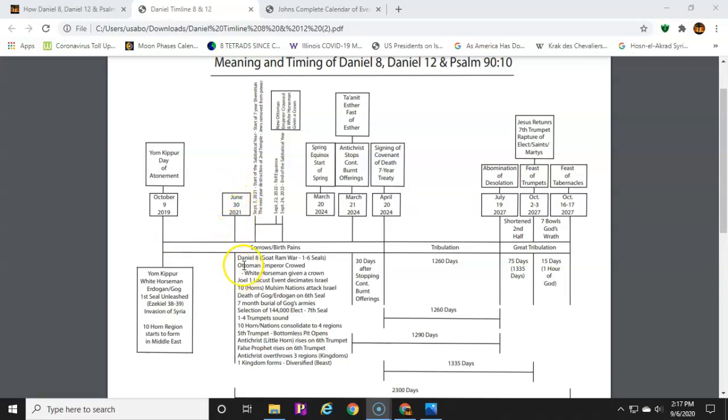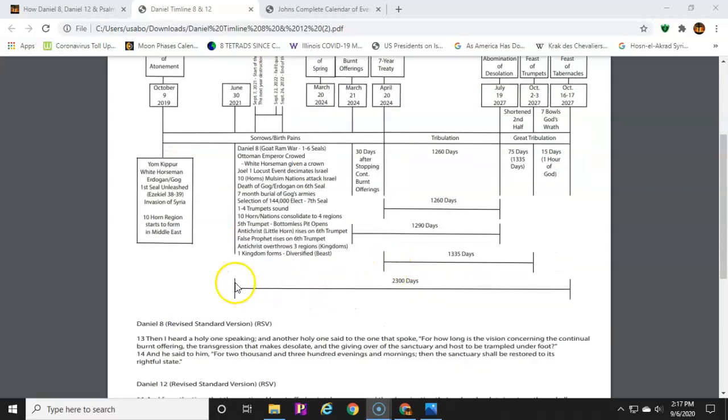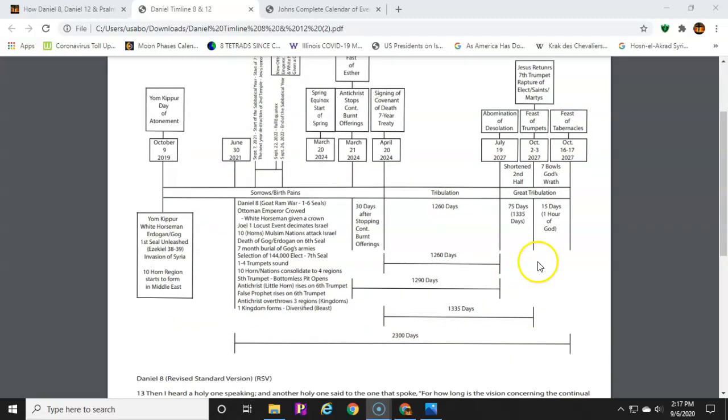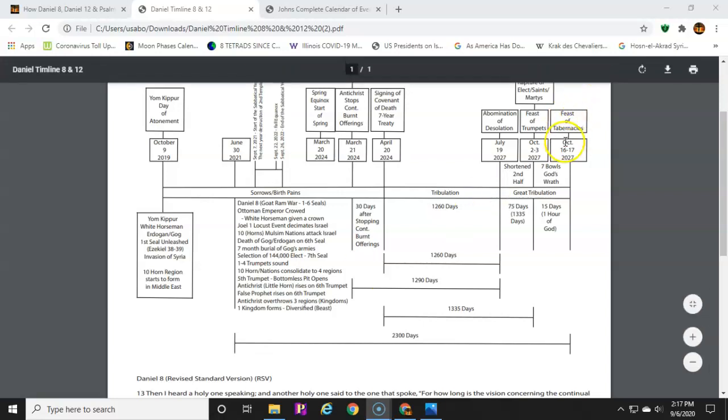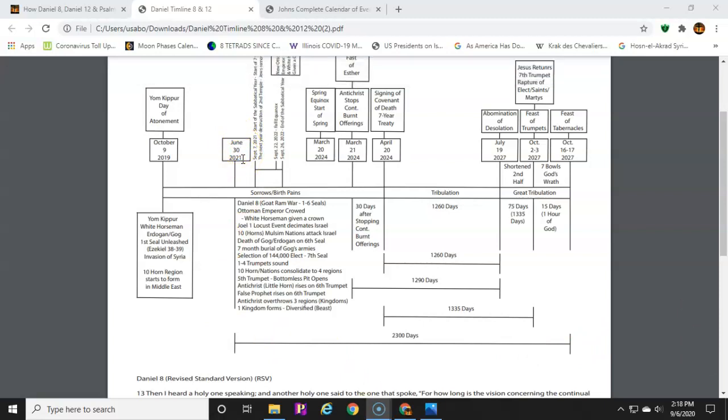We start to see that Daniel 8 2300 days, and I've done a video about this, start to happen. Those 2300 days, those mornings and nights. If you go back from the Feast of Tabernacles of October 17th of 2027, 2300 days, that takes us to June 30th of 2021. And I believe that's when we're going to start to see a major ramp up of a war between Turkey and Iran.